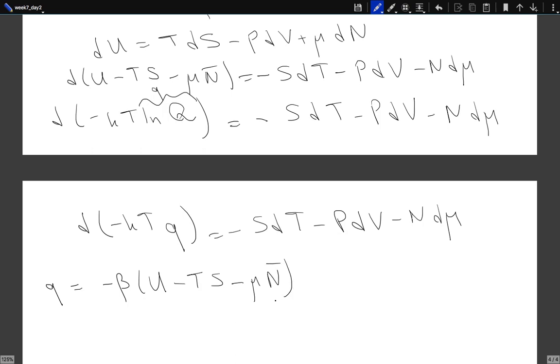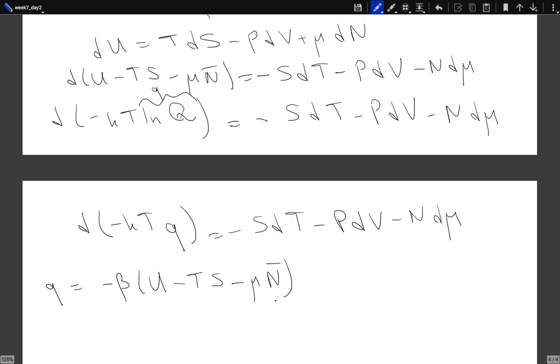Q is an extensive property, meaning that if you double your system, it's doubled. Because U is an extensive property, S is an extensive property, N is an extensive property, whereas the temperature and mu are intensive properties, and also the pressure.